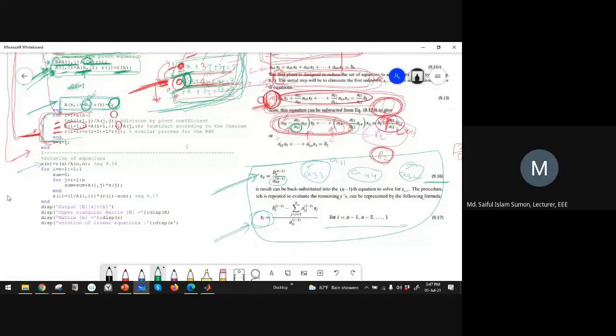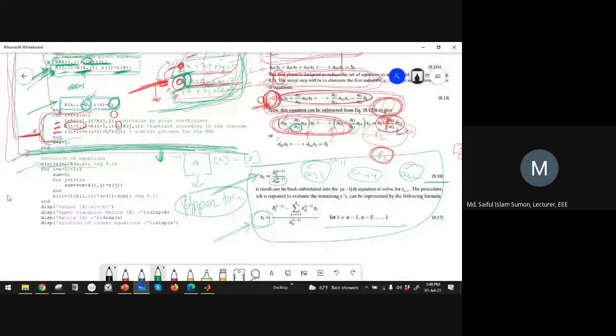You can see the last solution will be directly available from here. Because after updating everything, whenever I come out after execution of all these instructions, at this stage I will have a into x is equal to r, which is the upper triangular matrix.